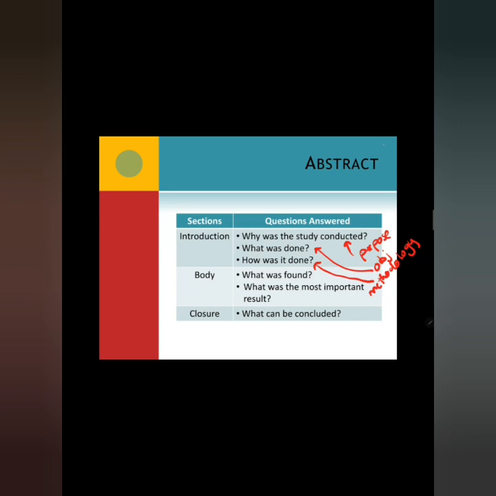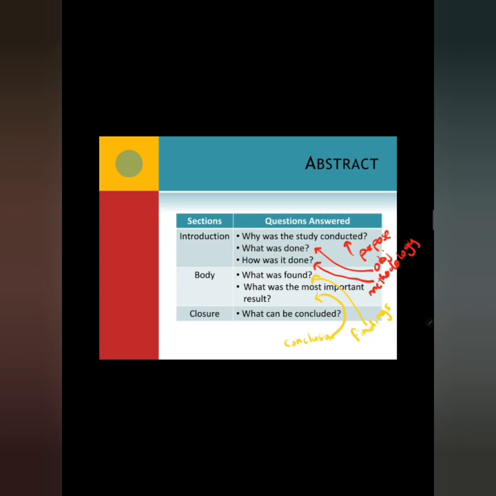Okay, all right. Next, in the body, what was found is basically the findings. And what was the most important result is basically the conclusion.